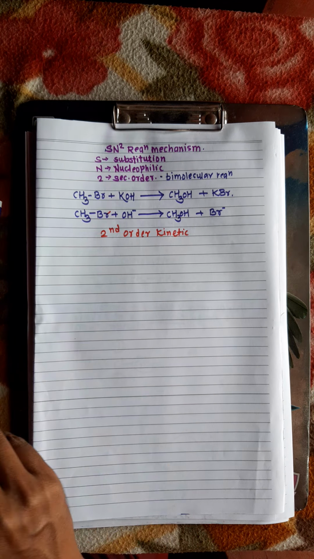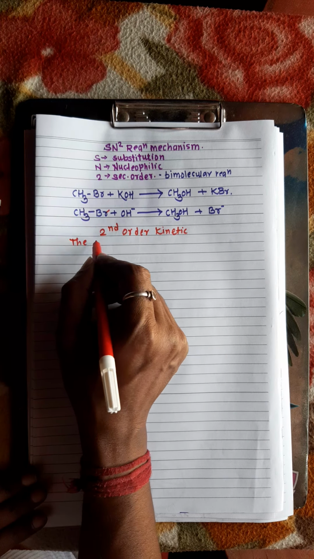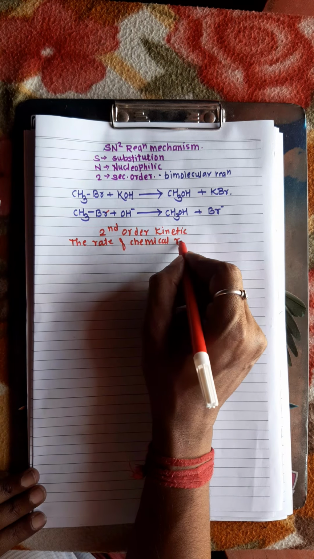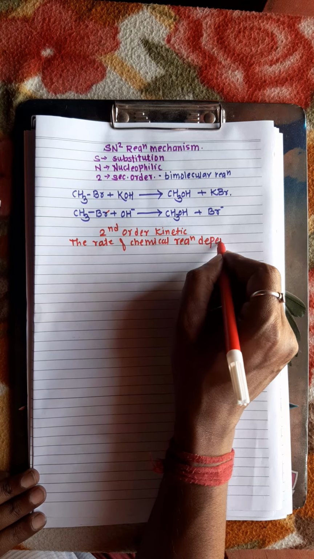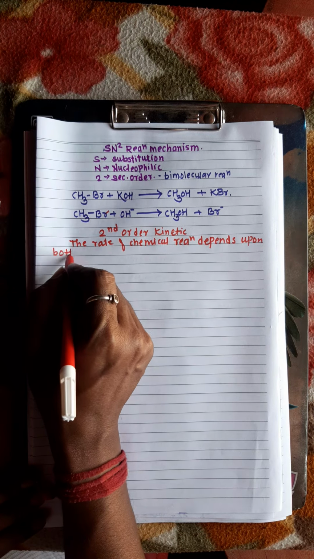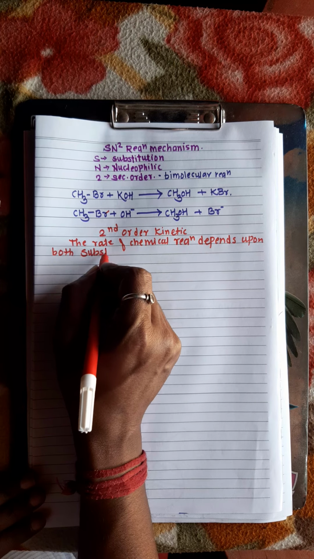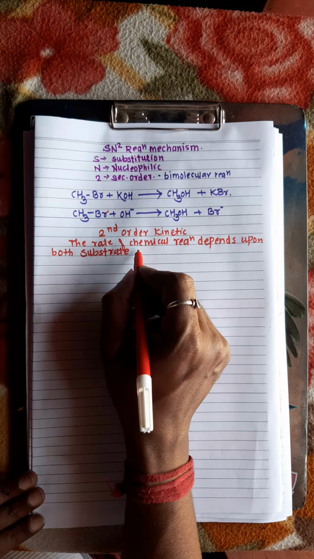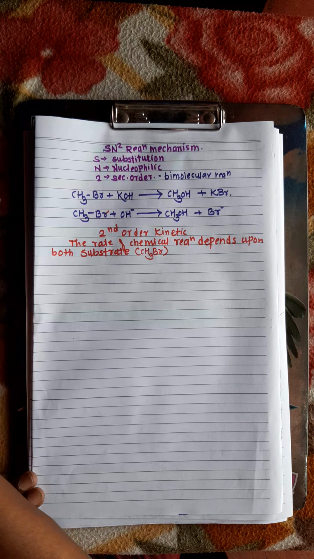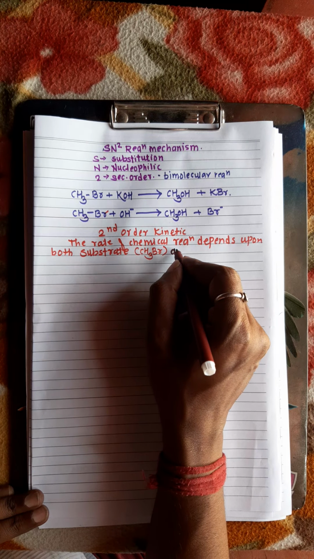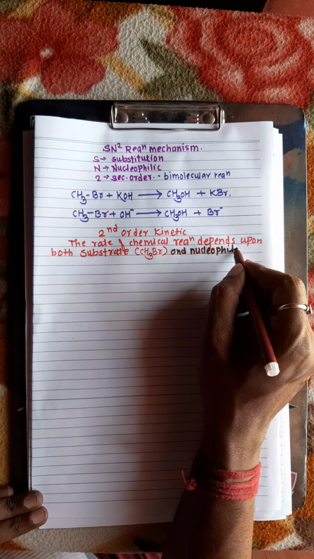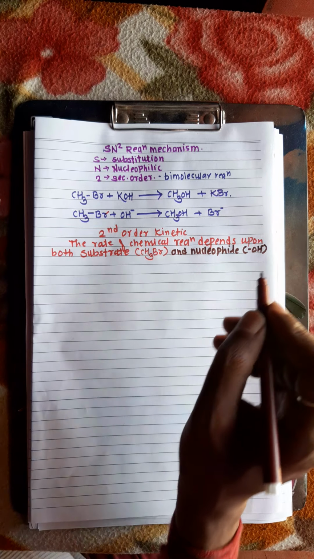Hence, it indicates the rate of chemical reaction depends upon both the substrate, that is CH3Br, and the attacking nucleophile, that is the OH minus ion.